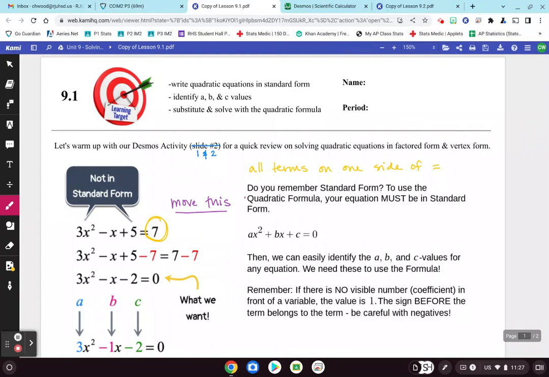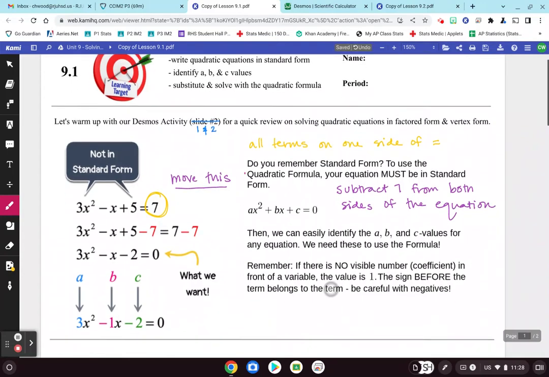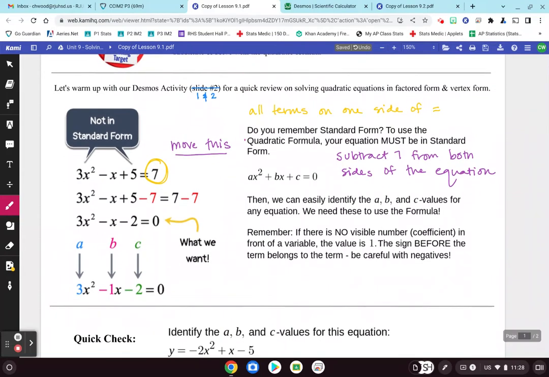In this case, we would need to subtract the 7 from both sides of the equation. Once you do that, you end up with your equation being equal to 0, which is exactly what you want, because then you're set up for solving.